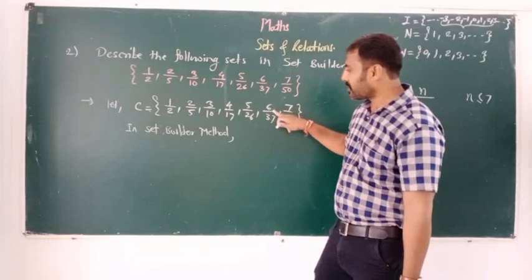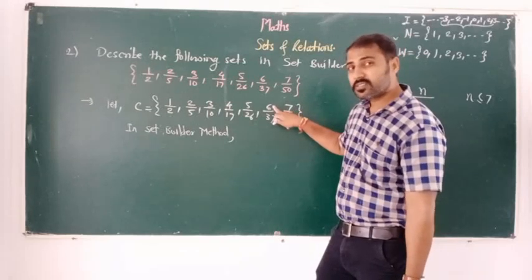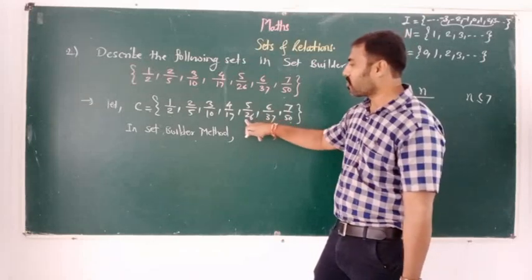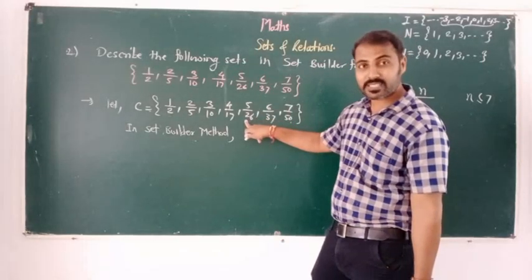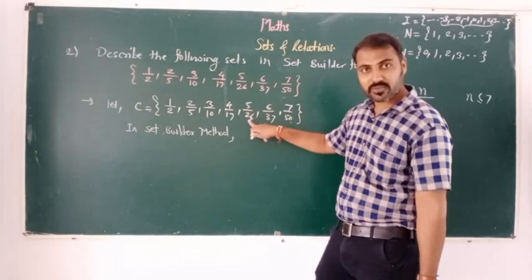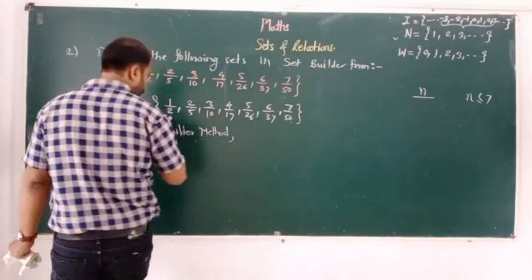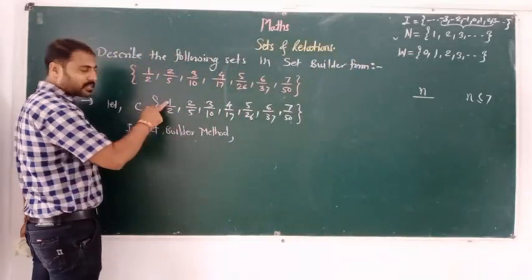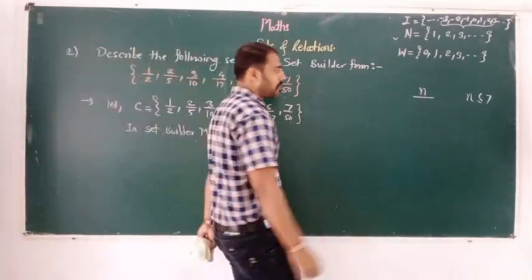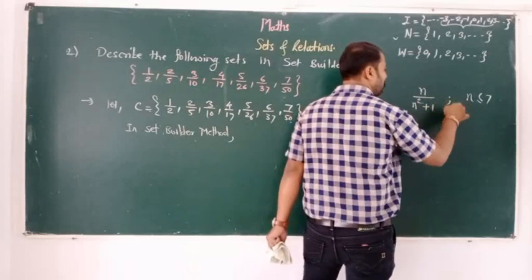Tell me about that 37. 37 can be written as 6 square, which is 36, plus 1. Now in the denominator there is 26. 5 square is 25, plus 1. So here 1 upon 2 is there; in the numerator there is 1. 2 can be written as 1 square plus 1. So I am writing that term as n square plus 1.